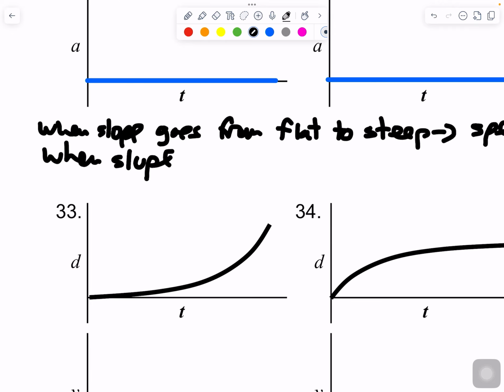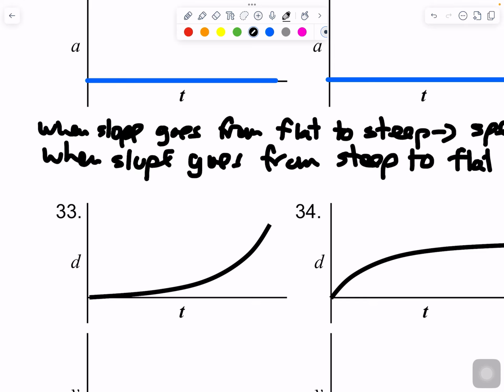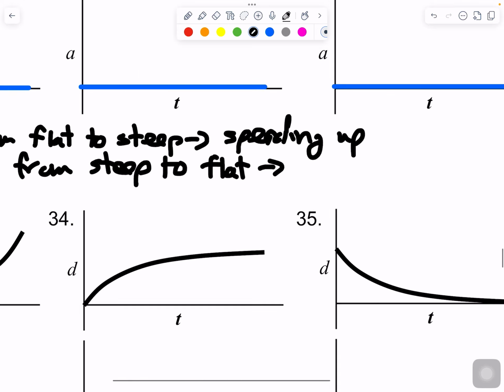When your slope goes from steep to flat, you're doing the opposite of speeding up. You're slowing down.